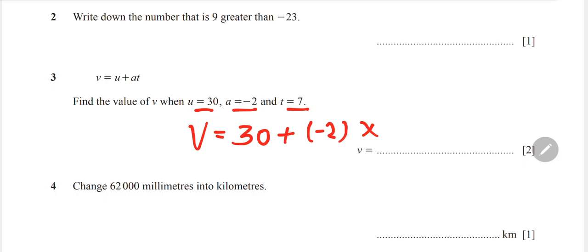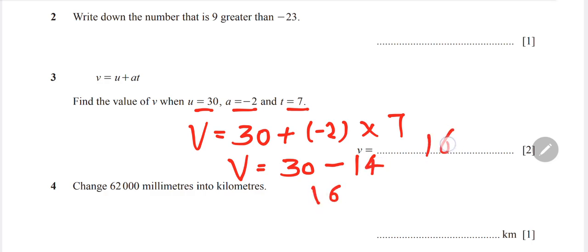When we multiply minus and plus, the sign changes, it becomes negative, and the value of t is given as 7. So v is finally 30 plus minus minus 2 times 7, which becomes 14. So the value is 16. v is equal to 16, and there is no need to write the unit because it is not mentioned there.